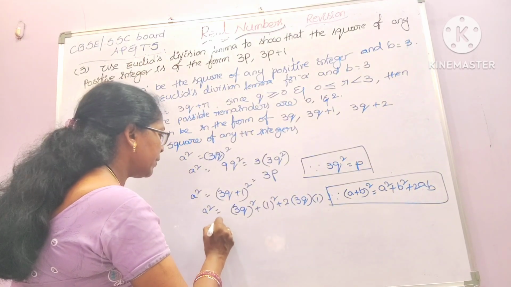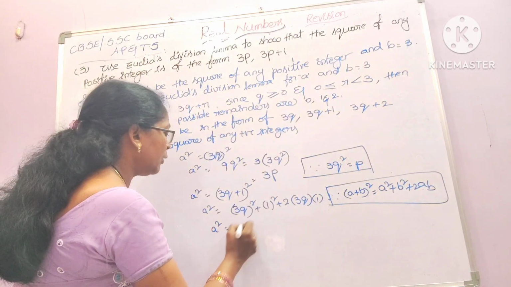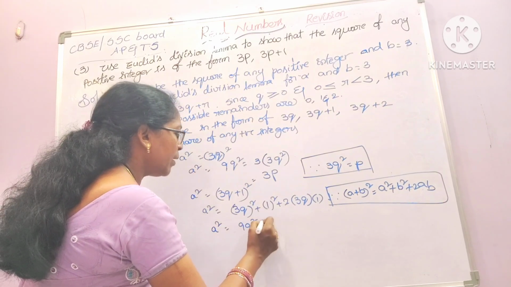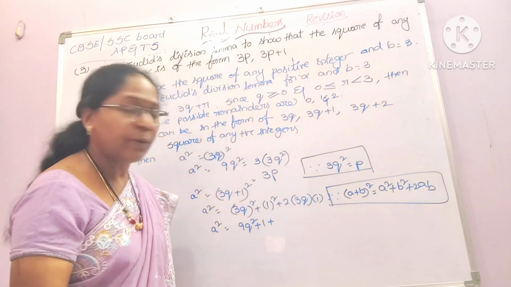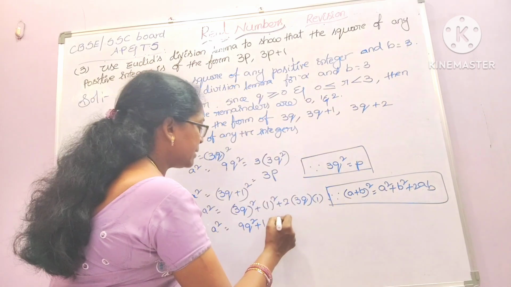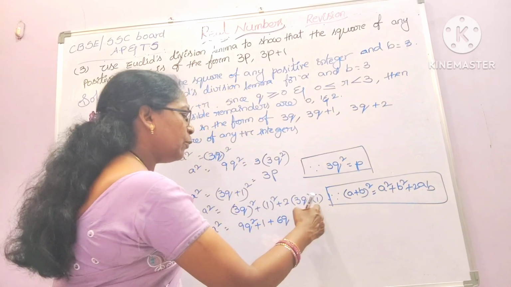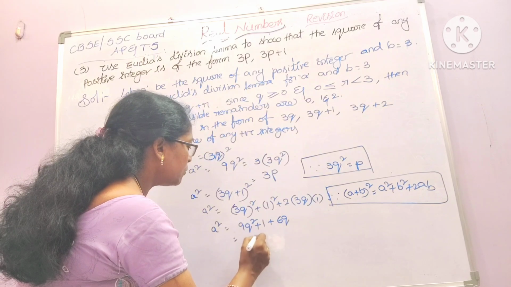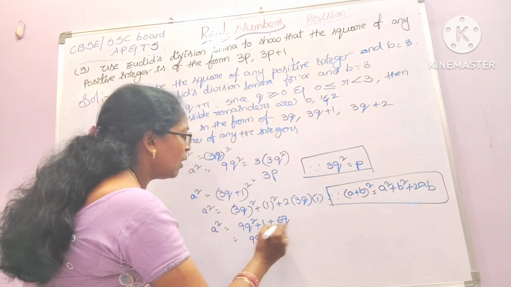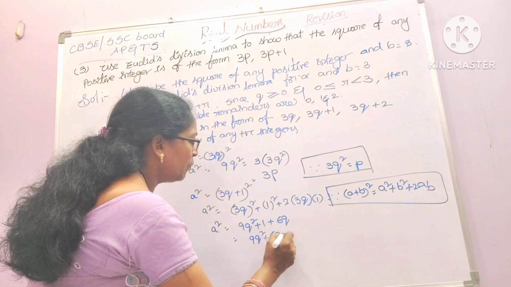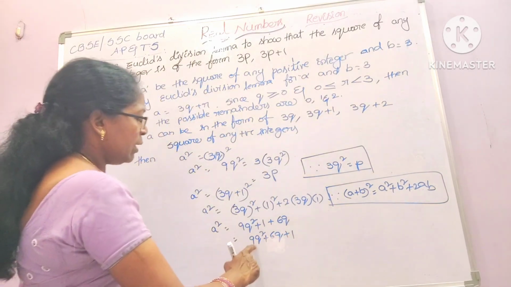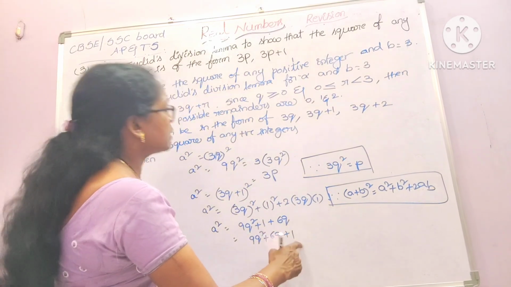Now A square: 3q whole square is nothing but 9q square, plus 1 square is nothing but 1, plus 2 into 3, 6q into 1, which is the same. Now again you write 9q square, just I am writing in standard form: 9q square plus 6q plus 1.